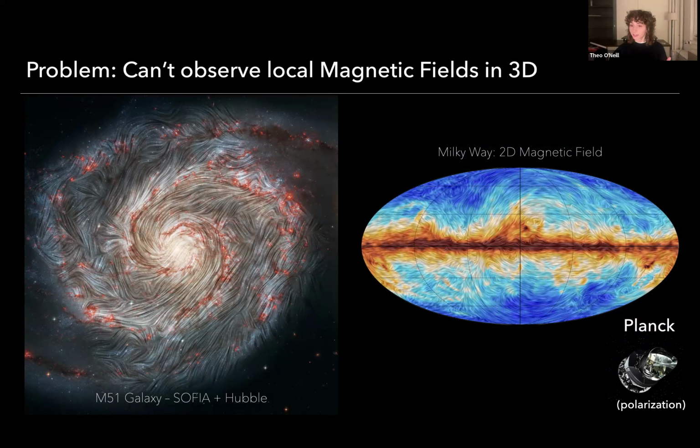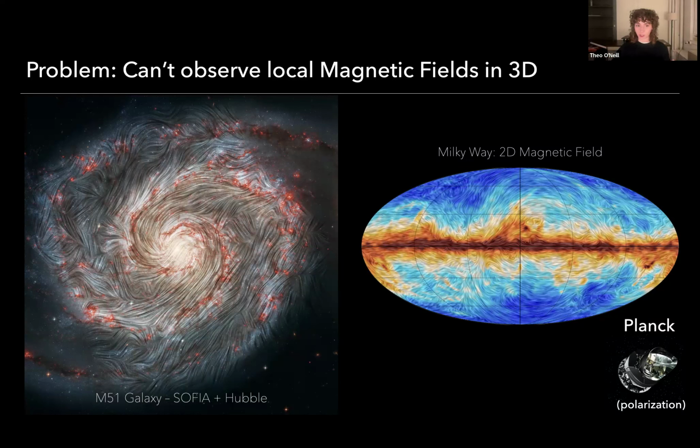What I'm showing on the right of this screen is a map of magnetic fields in our own galaxy taken by the Planck satellite. The colors are showing the intensity of dust integrated along the line of sight from our own sun out to the edge of our galaxy. And the drapery patterns are again showing the orientation of magnetic fields.